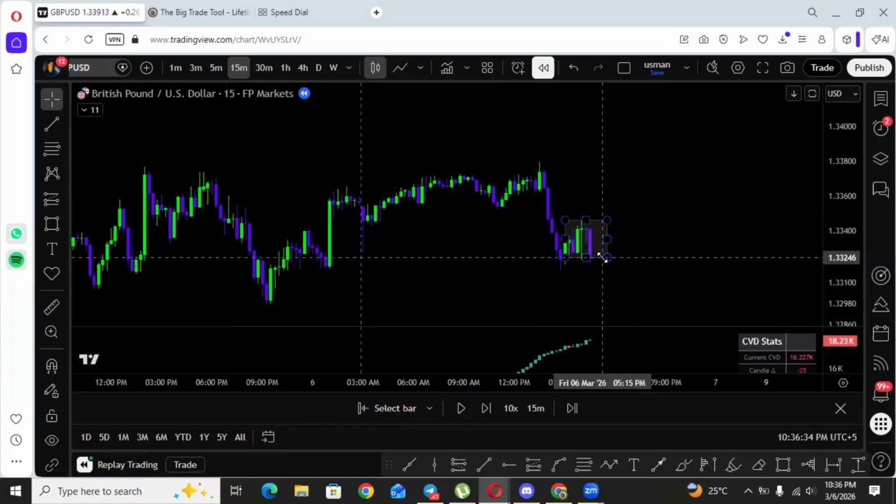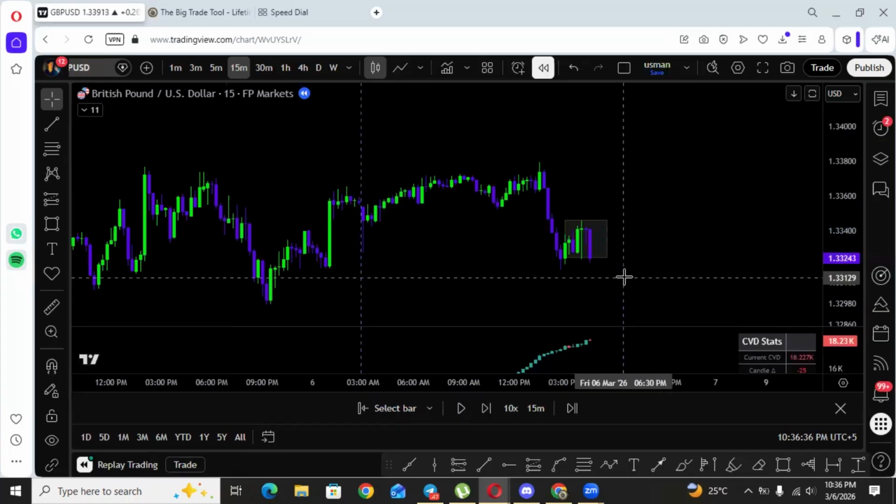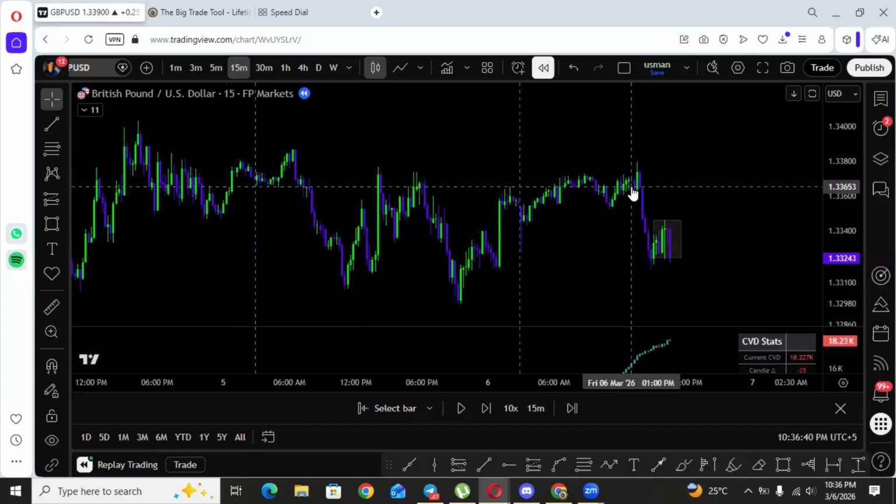The market has specialized algorithms that detect the patterns of the retailers.